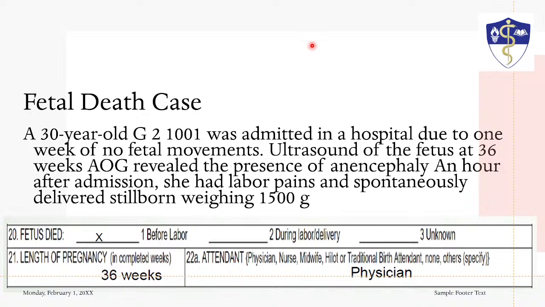So if yung nanay ay nagpa-check up, kinukwento namin kung ano yung 10 danger signs. So that's important na magkaroon ng checkup, at least one antenatal checkup. If this happens, no fetal movement, it's already too late. 1 week is already too late.